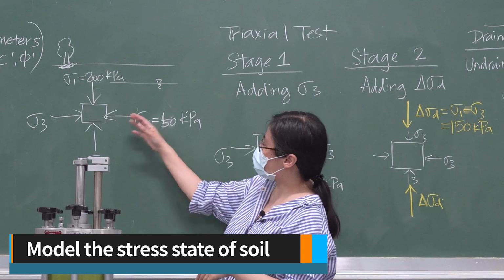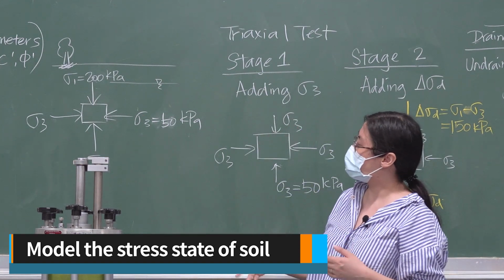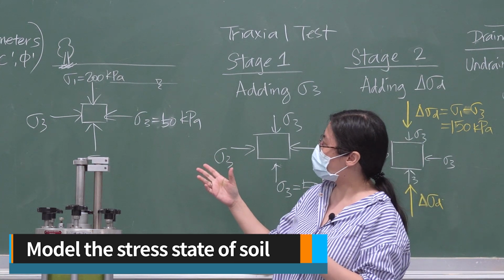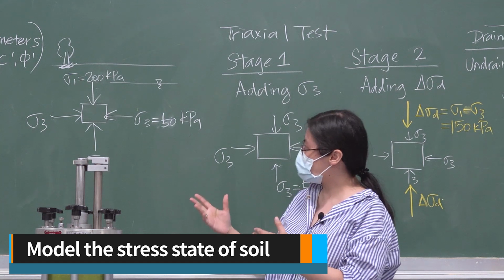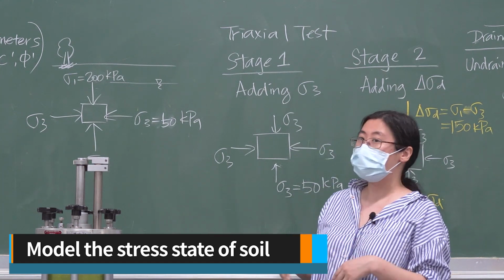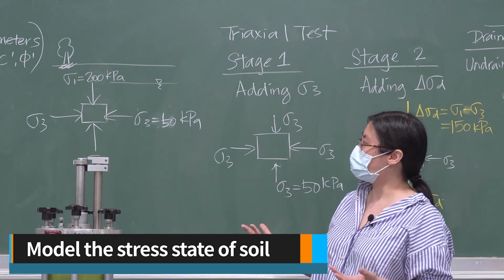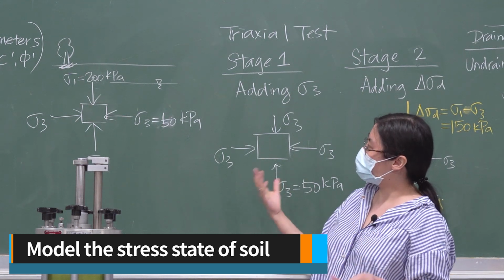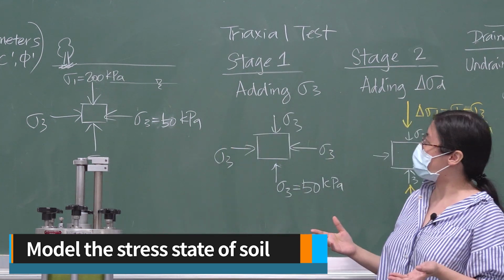If you look at this schematic diagram, the vertical total stress is 200 kilopascal, and the horizontal total stress is 50 kilopascal. Under a rest condition, usually the vertical stress will be larger. So how do you model this stress state using a triaxial device?